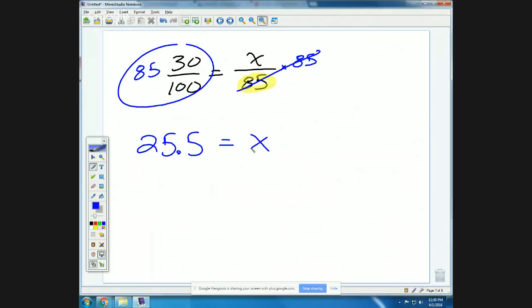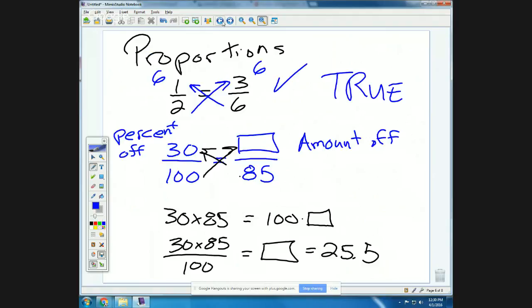One thing I think is important when you're working with proportions, and I kind of skipped part of it here, is writing down what the numerator and denominator means. So for here, I did write at least what my numerator meant. Percent off, amount off. What would the denominator be here? What could I call that? Yeah, the whole price, original, something like that.